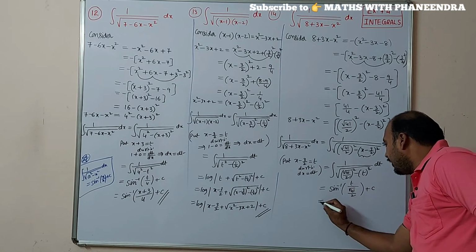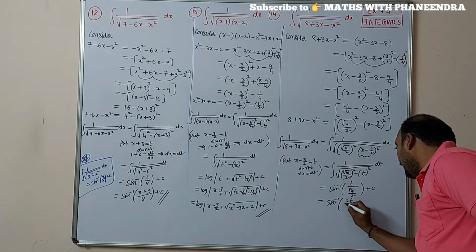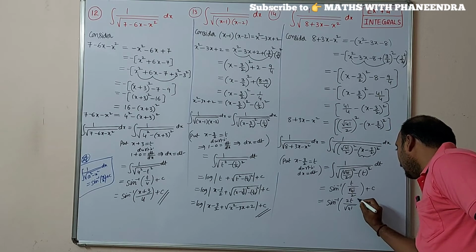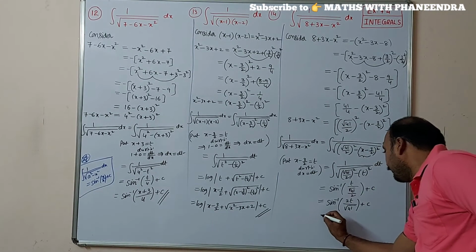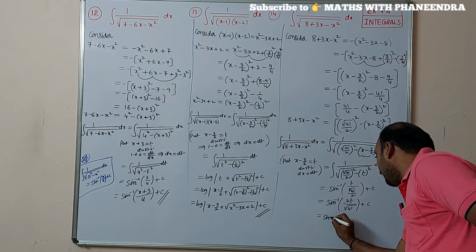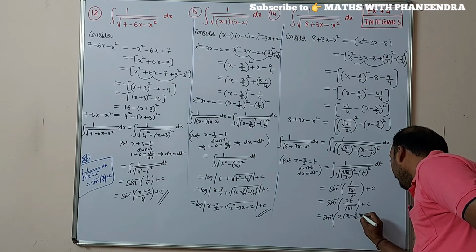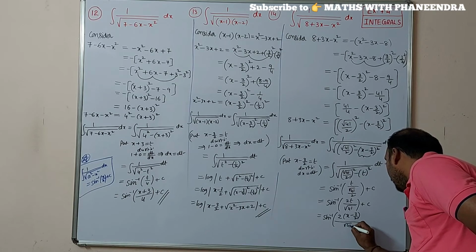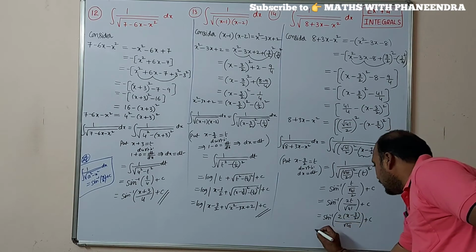Denominator of denominator goes to numerator. Sine inverse of 2t divided by root 41 plus c. In place of t, substitute x minus 3 by 2. Sine inverse of 2 into x minus 3 by 2 by root 41 plus c. Take LCM, 2x minus 3, 2 to get cancelled.